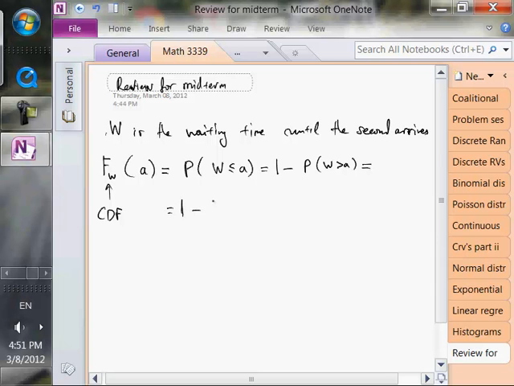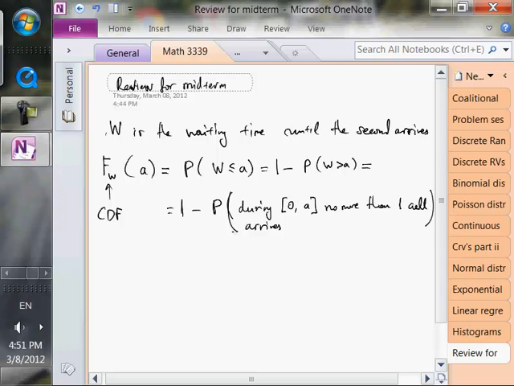This is 1 minus the probability that during the time interval from 0 to A, no more than one call arrives, correct?